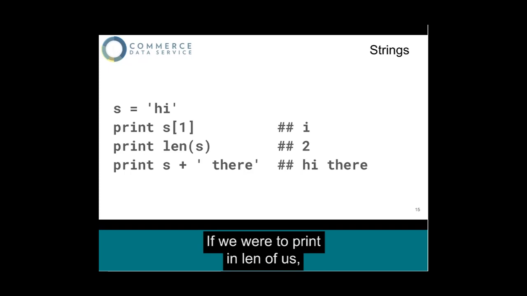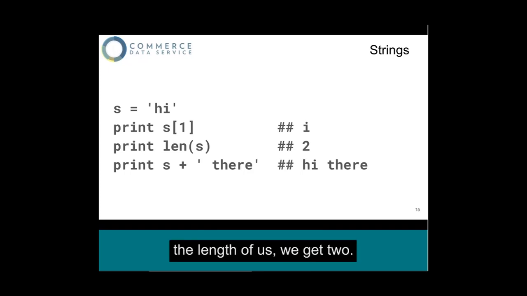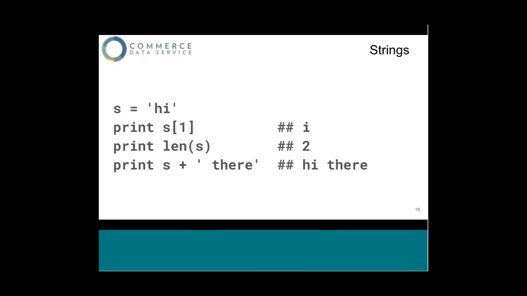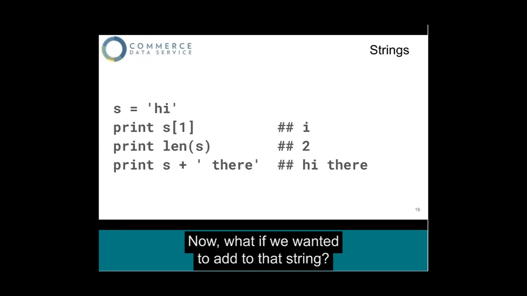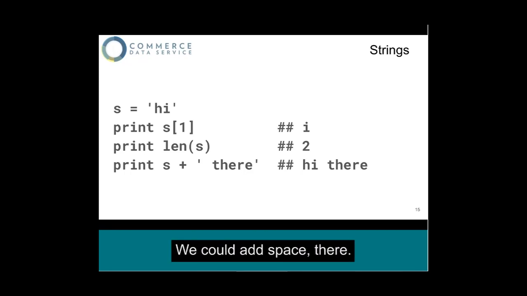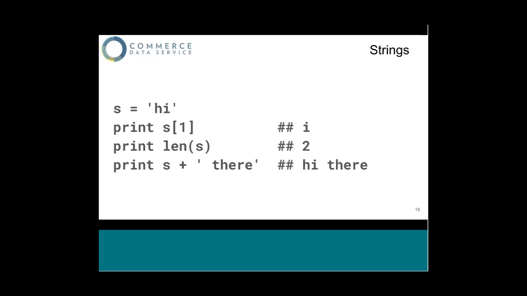If we were to print len of s, the length of s, we would get 2. Now, what if we wanted to add to that string, to print out something longer? We could add s plus quotation mark space there, and we would get hi there.